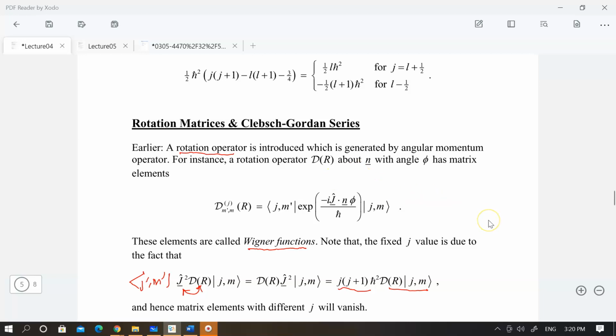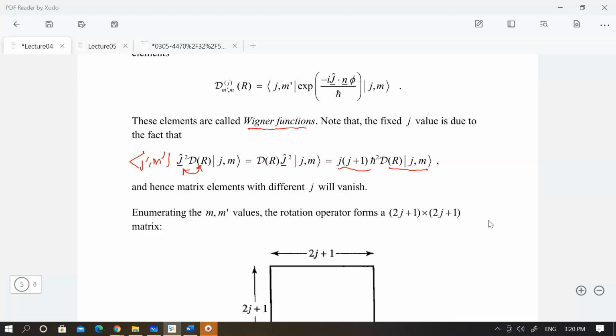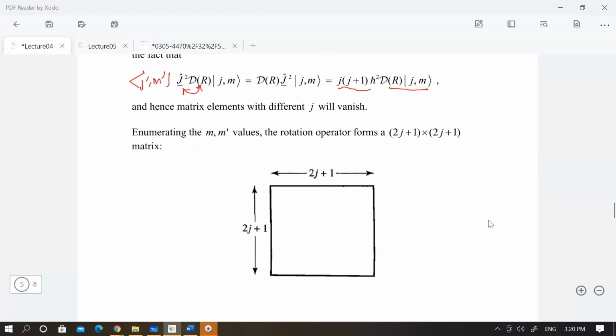Right. So that tells us matrix elements with different J will be 0, and essentially what can happen in this particular case is you will get a block representation of your rotation operator.